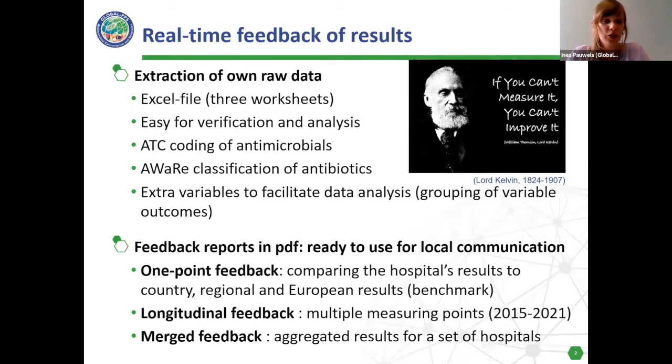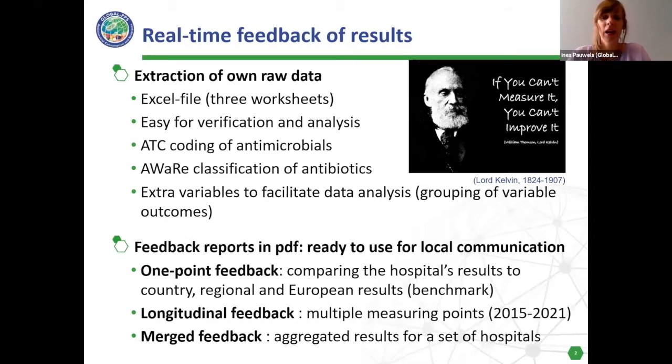And as Anne already mentioned, the feedback report comes in many different formats. The most important one is the 1-point feedback. We call it the 1-point feedback because it's already available for you after you have participated in Global PPS once, and you can go and download it. Then we have the longitudinal feedback, which becomes available to you as soon as you have participated more than once, and so you can see the evolution of your results over time.